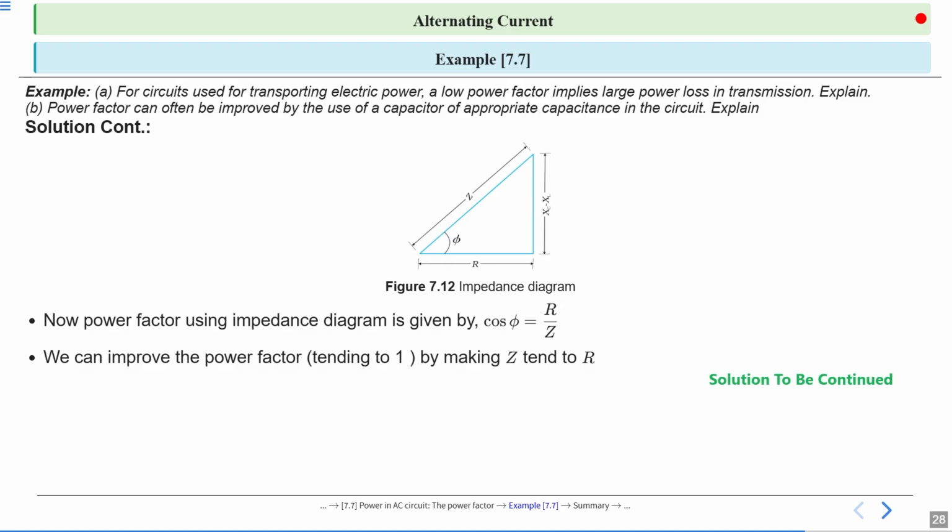By reducing the difference between XC and XL. When this difference becomes 0, then Z will become R. When XC becomes equal to XL, Z will become R at resonance. If we are decreasing the difference XC minus XL, this term will become smaller, due to which Z will tend to R.